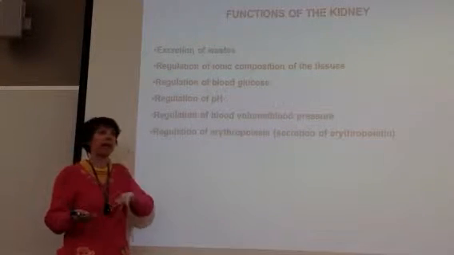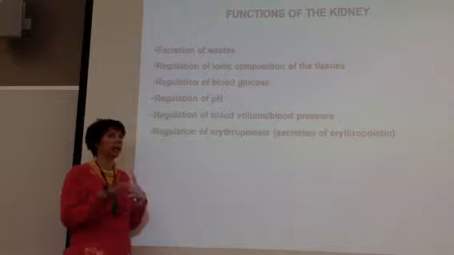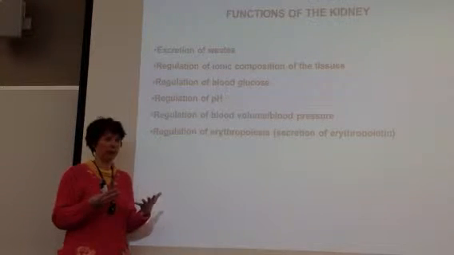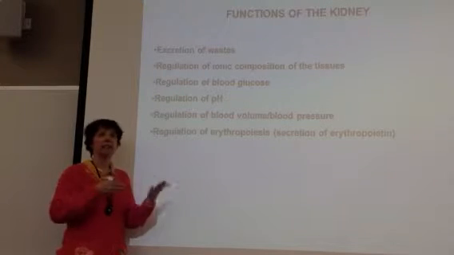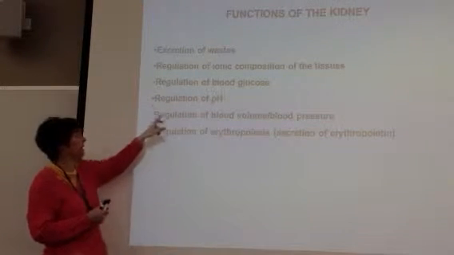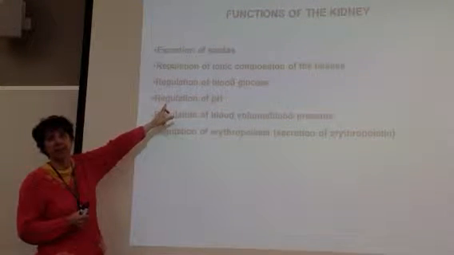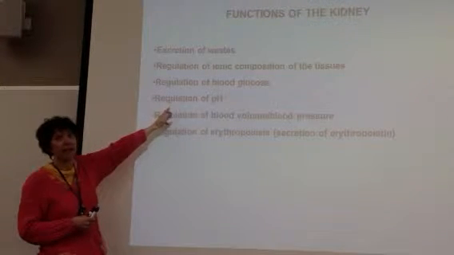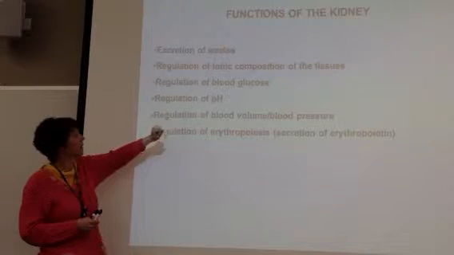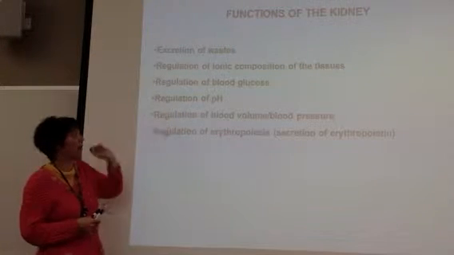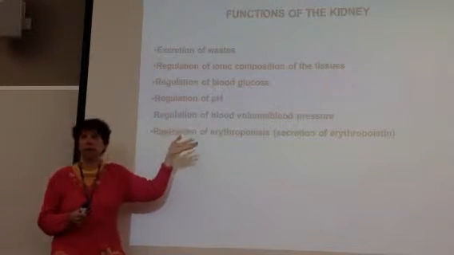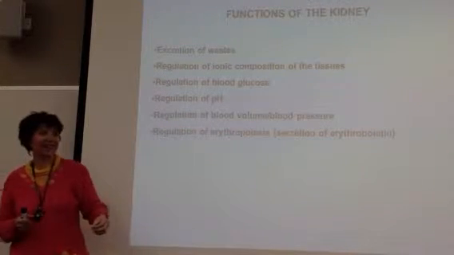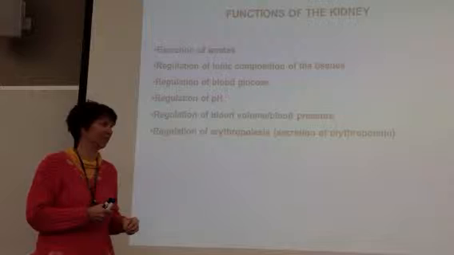And so that is a mechanism by which the body can help to regulate pH, is to suppress or increase respiratory rate to affect the pH. Another mechanism is the kidneys. So the kidneys can increase or decrease the amount of hydrogen ions that the urine contains. And then, of course, the reason that we're interested in blood volume and blood pressure is because that's the source of the force in filtration.